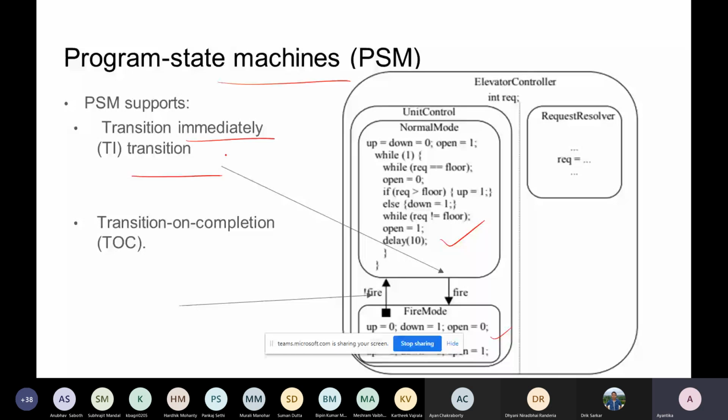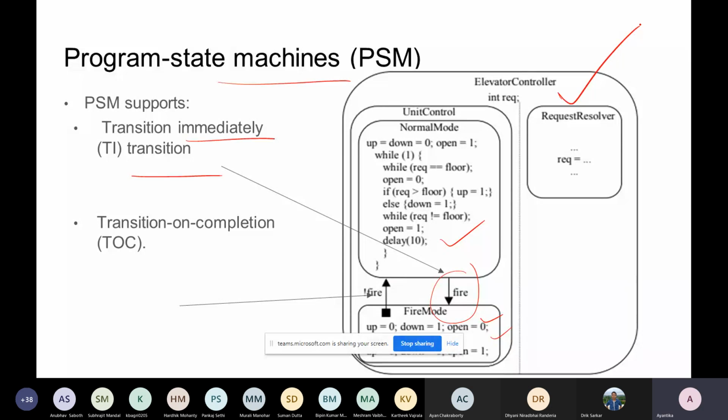On the contrary, if you are in fire mode, and the fire signal is now off, that means no more fire. That doesn't mean it will now work according to the request resolver.